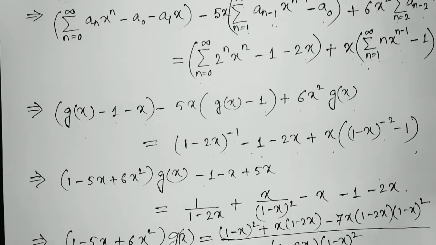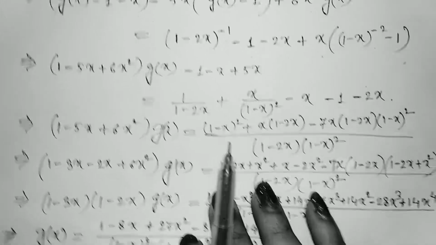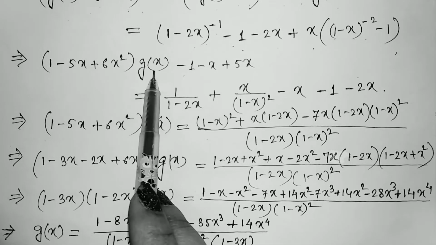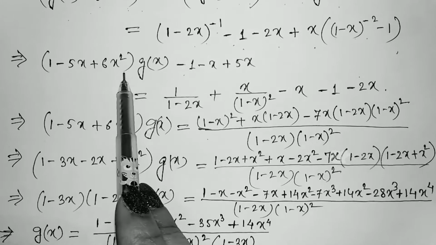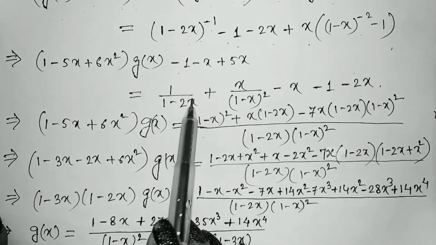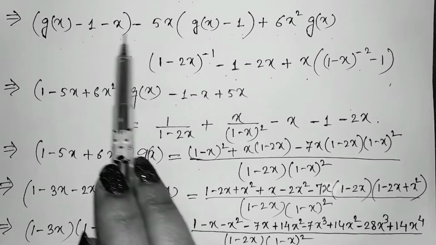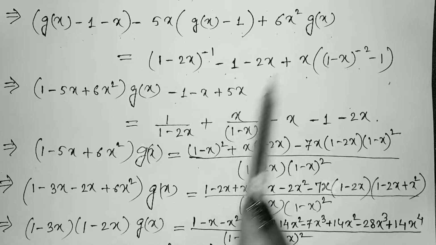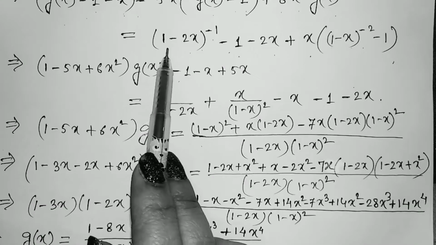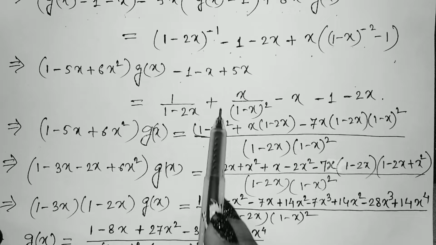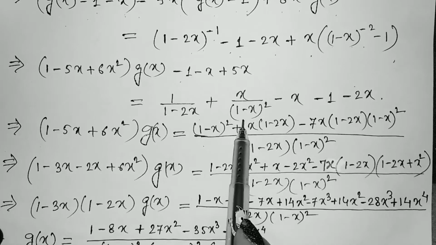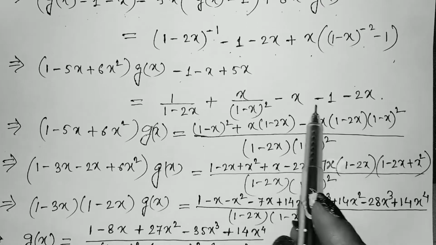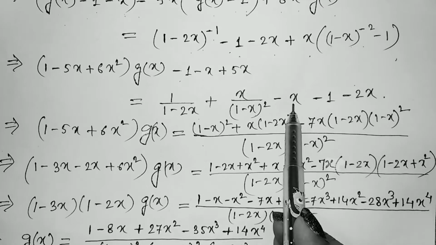After that if we simplify, we will find all the g(x) terms taken to one side, so it is (1 minus 5x plus 6x squared) g(x), then minus 1, then minus x, then minus 5 plus 5x. So it is completed, and from here we should write 1 over (1 minus 2x), then plus x divided by (1 minus x) whole squared, then minus 1 minus 2x, and from here minus x.